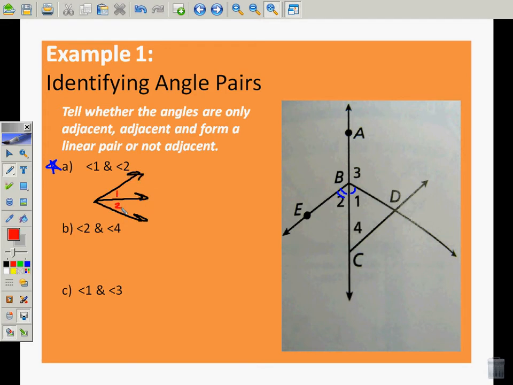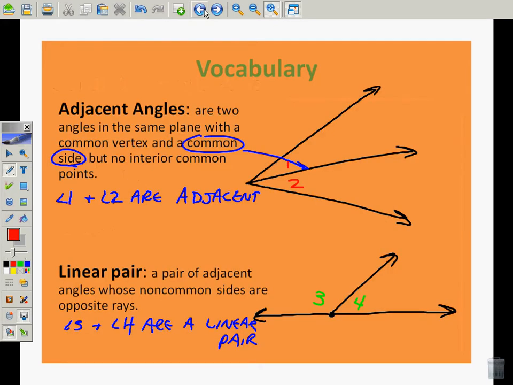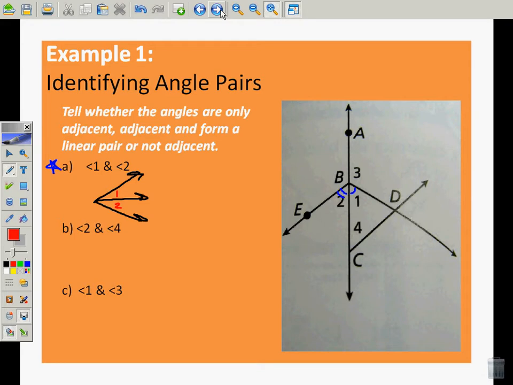Okay? And so if we look back to our two options, which one does it look more like? Well, they certainly don't form opposite rays, so it must be adjacent angles.